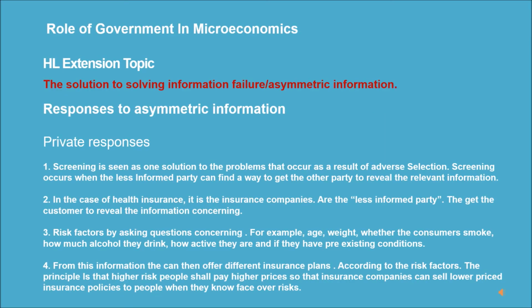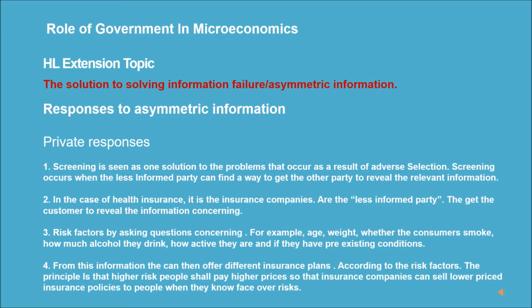Responses to asymmetric information. Private responses. 1. Screening is seen as one solution to the problems that occur as a result of adverse selection. Screening occurs when the less informed party can find a way to get the other party to reveal the relevant information. 2.